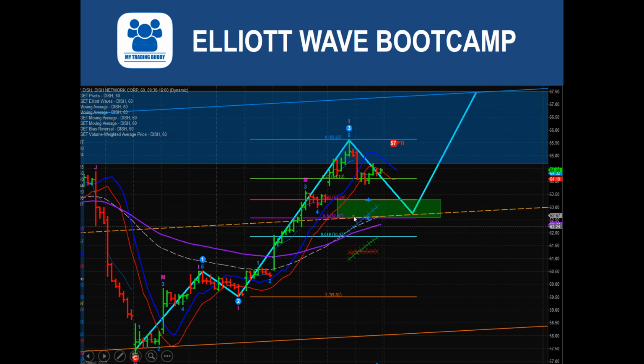Our zones are here, first, second and third zone, and you can see the center line of the weekly channel is right in our middle zone. We've got some previous congestion at this point here, so this is probably a good point where that wave 4 would find support. So the trade is not ready yet, but we are looking now.